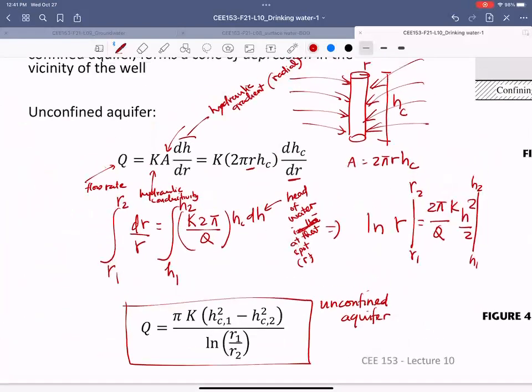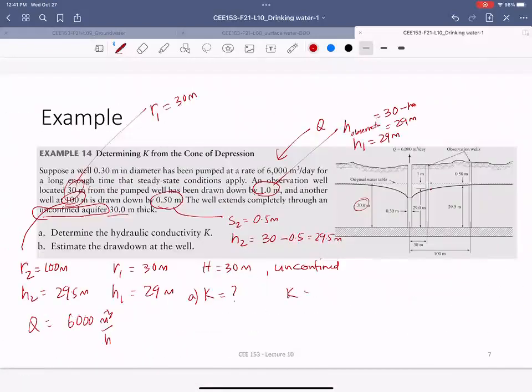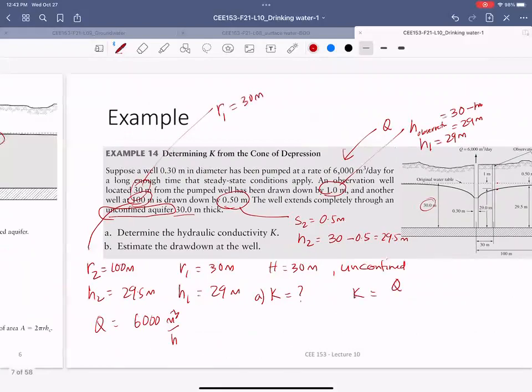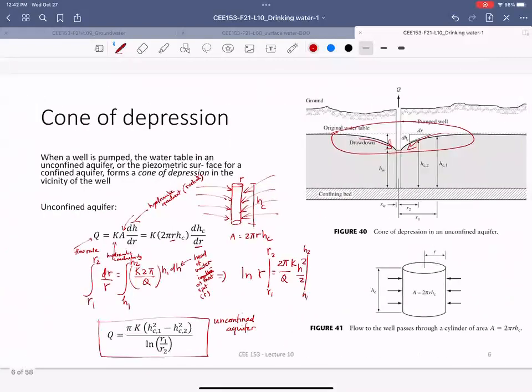So the K value, if you plug in the values, K equals Q times ln(R1/R2), divided by pi times (H1 squared minus H2 squared). I'm just rearranging these equations.